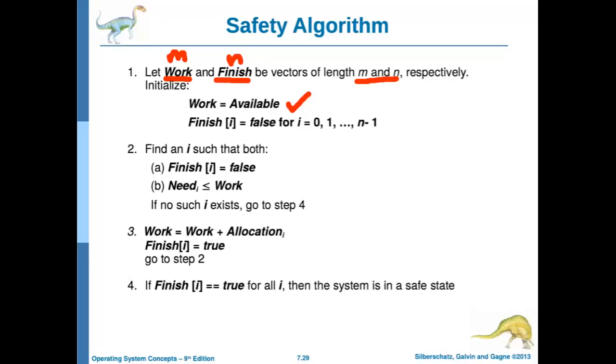Similarly, it is j and m. i is used to represent the ith process, j is used to represent the jth resource type. Maximum number of processes is denoted by n. Maximum number of resource types is denoted by m. So n and i are both processes, m and j are both resource types. Is that clear, Neil Joshi? Yes, sir.